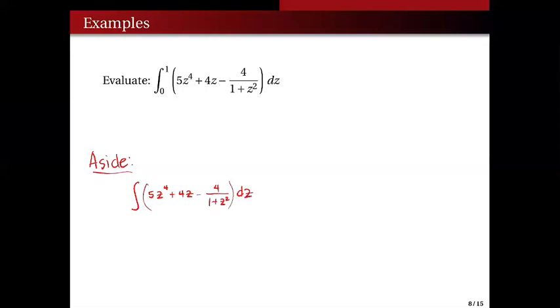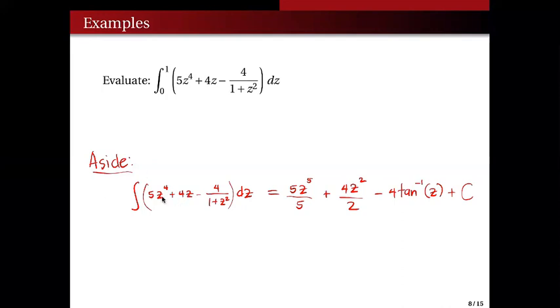And if you do the integration, you'll get here 5z to the 5 divided by 5 plus 4z squared over 2 minus 4 arctangent of z plus c. Okay?